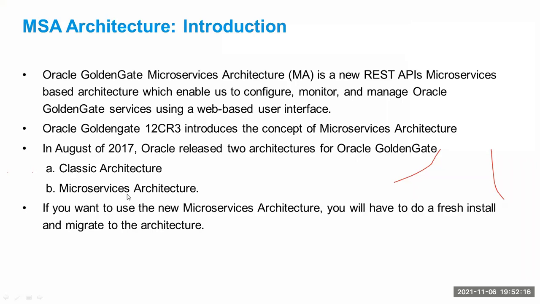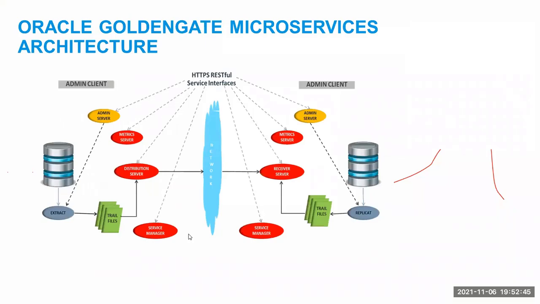Now, guys, one thing is, if you want to upgrade your existing architecture, there is no direct feature involved. You have to do a fresh install of microservices and then do a migration to the new architecture if you are using classic architecture. So how does microservices architecture look?